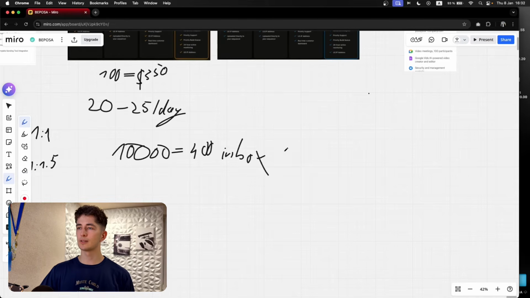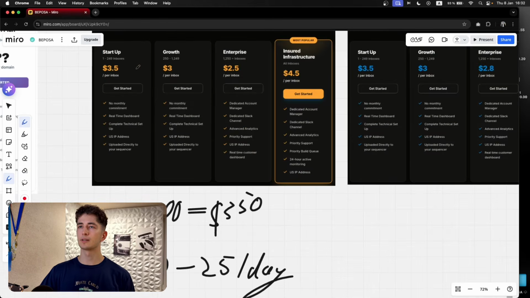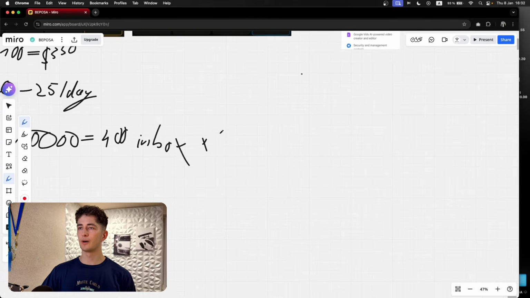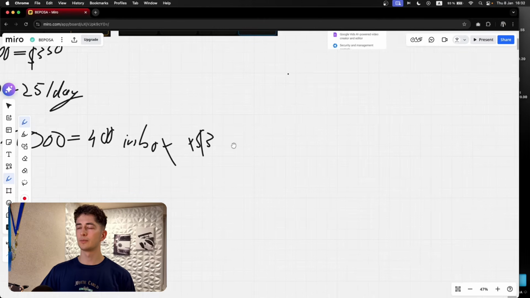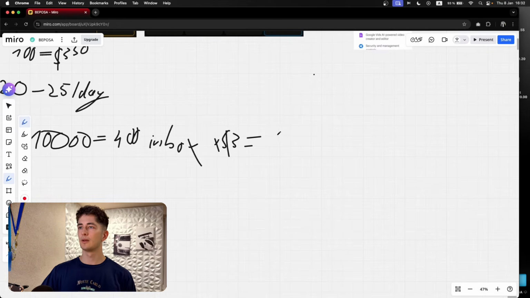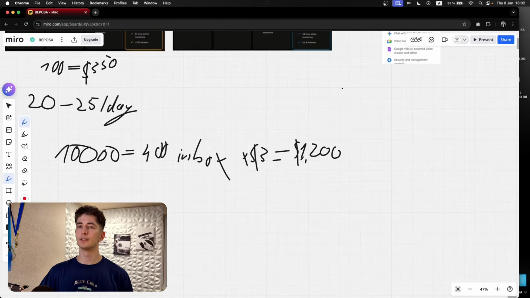And those inboxes are going to cost you, in this case, $3 per inbox, which is going to be $1,200 just for sending 10,000 emails per day.